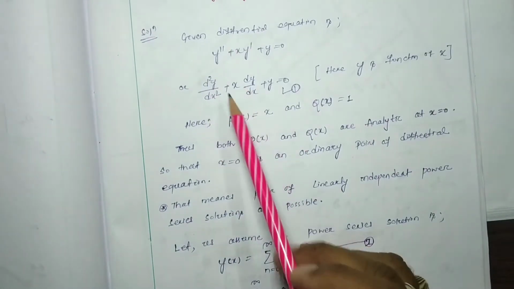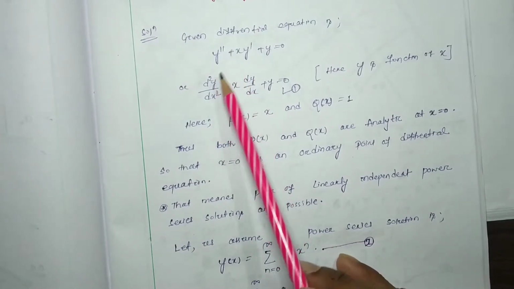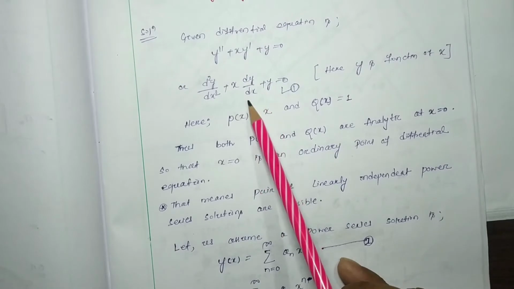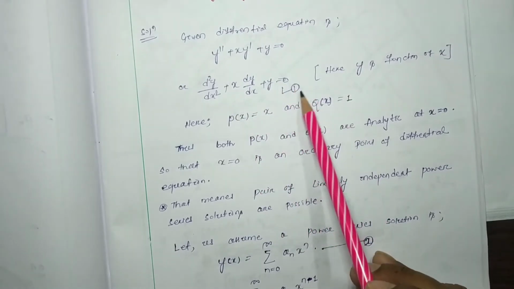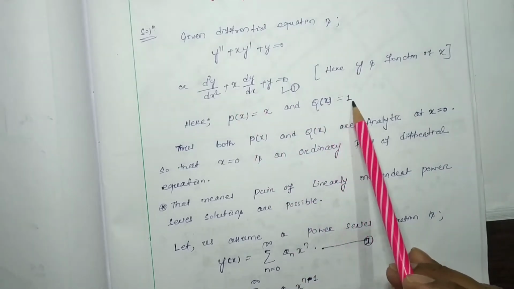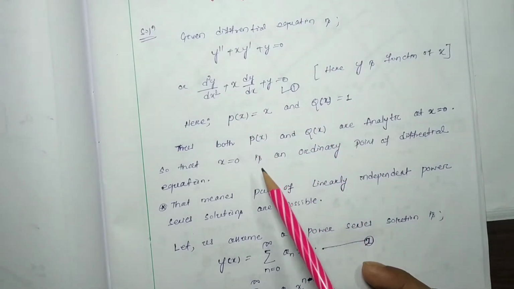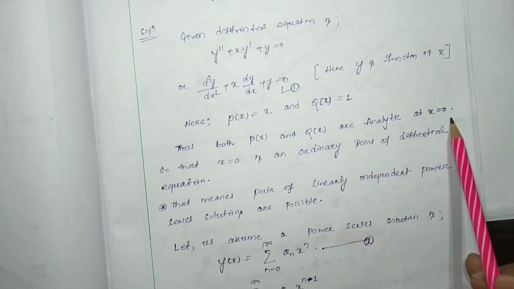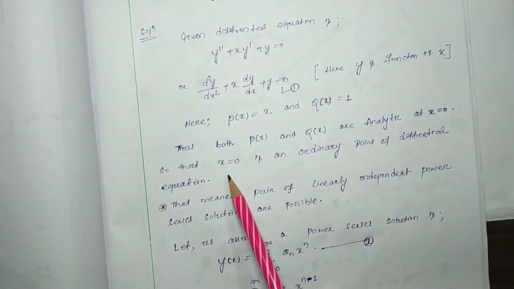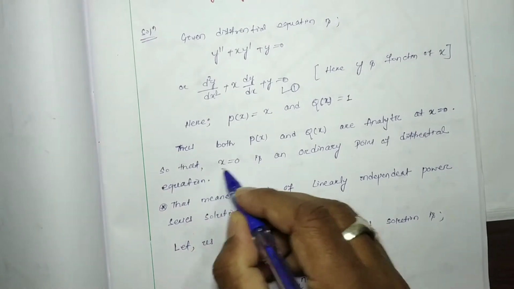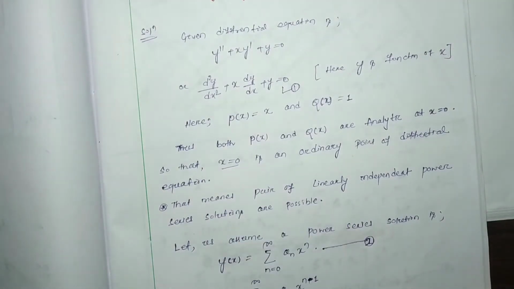For this equation, I write d square y by dx square plus x dy by dx plus y equal to 0. Let this be equation number 1, and here p(x) is equal to x and q(x) equal to 1. Thus both p(x) and q(x) are analytic at x equal to 0, so x equal to 0 is an ordinary point of the differential equation.